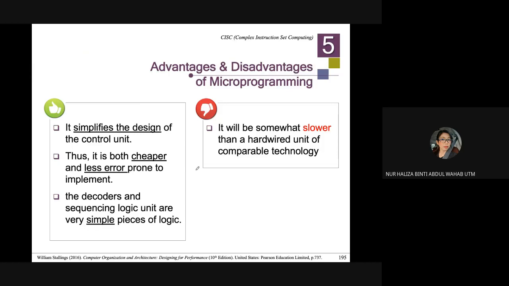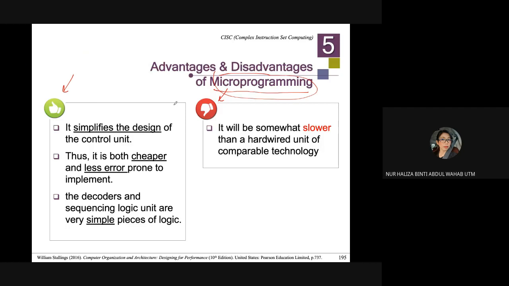So throughout all of this, you can conclude the advantages and disadvantages for your microprogram. Because in the beginning of our slide, you can see that microprogram is the solution if you want to find a solution for your problem in your hardware.